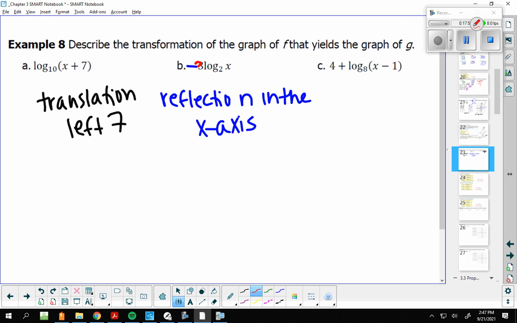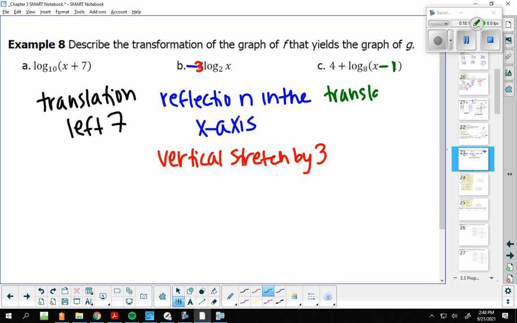And the 3 is going to be a vertical stretch by 3. And then we have the -1 is a translation to the right 1. And +4 is up 4.